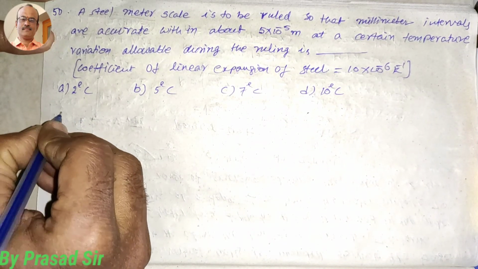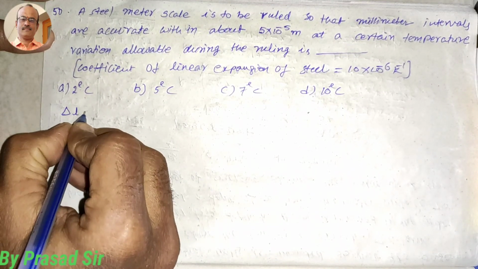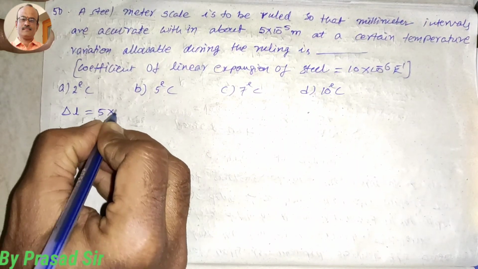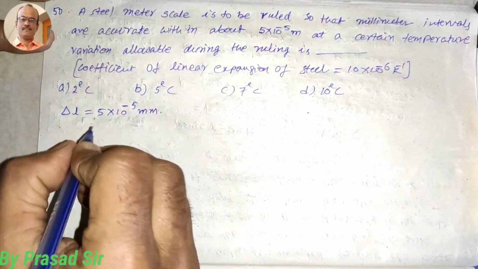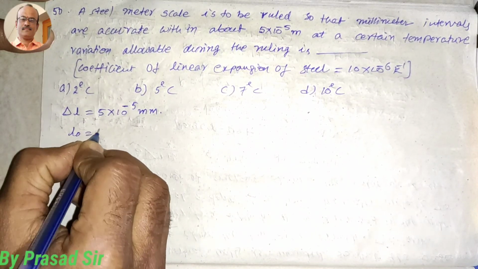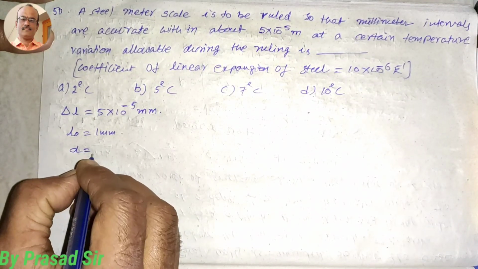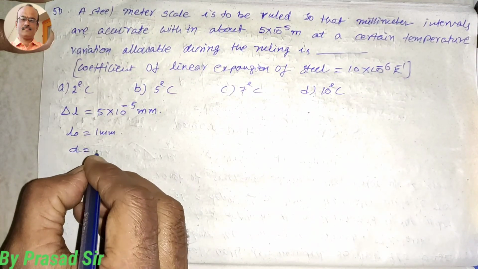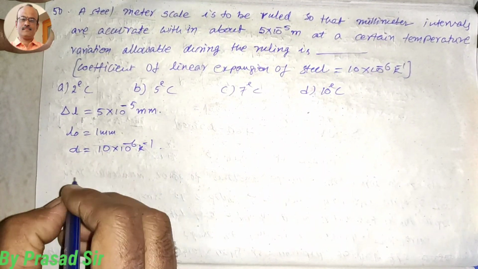So first of all, given the variation in length delta L is equal to 5 into 10 to the power of minus 5 millimeters, and the initial length we will take as L0 is equal to 1 millimeter, and the coefficient of linear expansion alpha is equal to 10 into 10 to the power of minus 6 K to the power of minus 1.